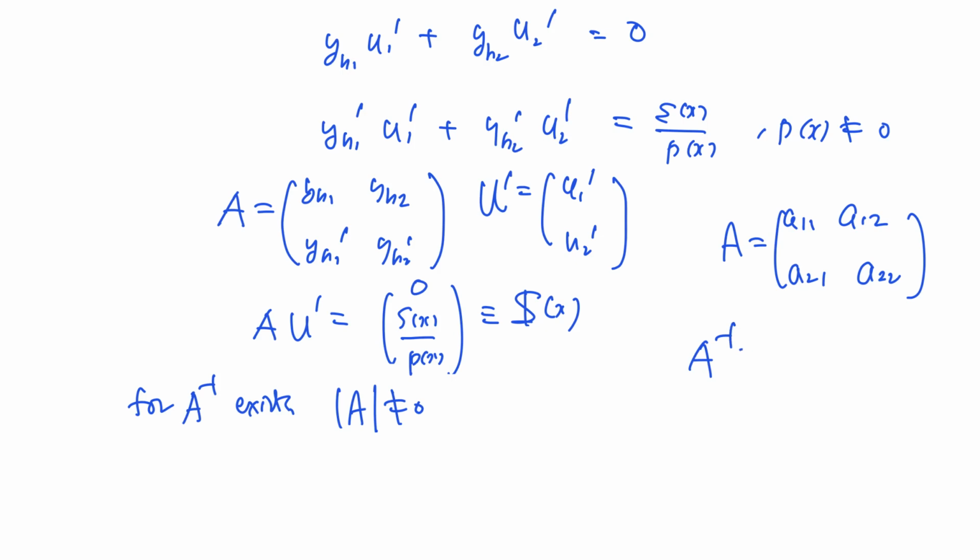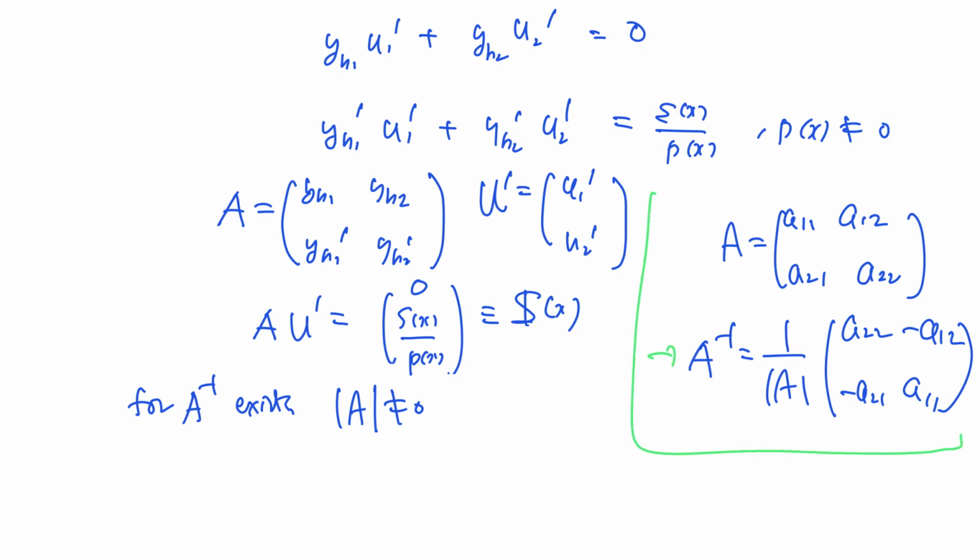A inverse is 1 over determinant A, times A22, minus A12, minus A21, A11. You may remember this form now, or you can check the notes.